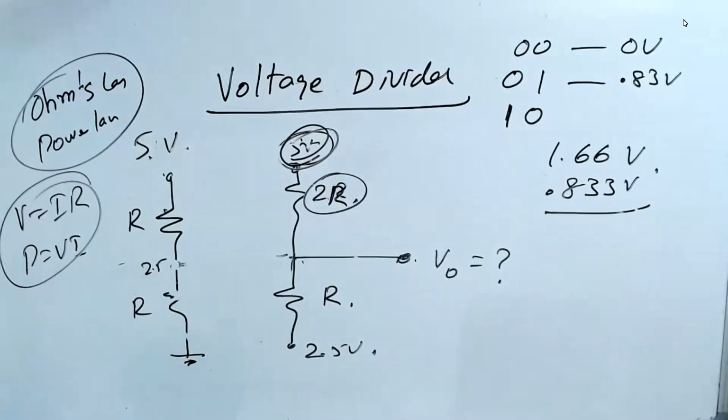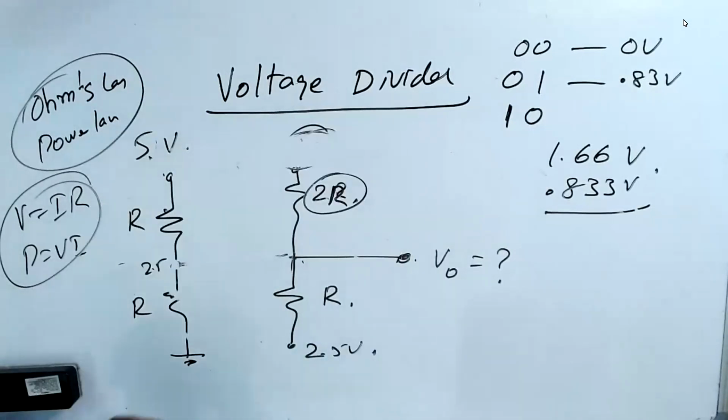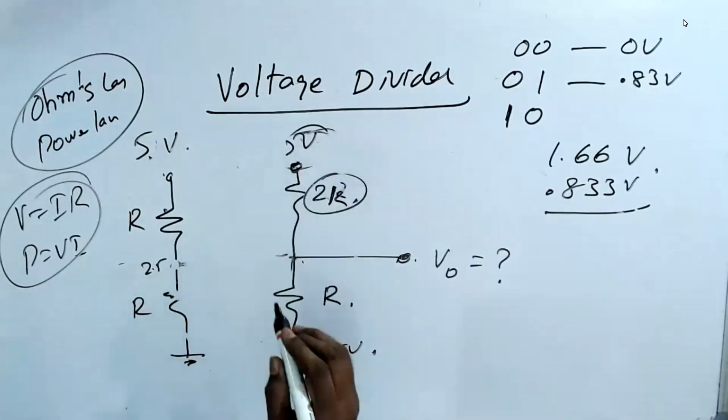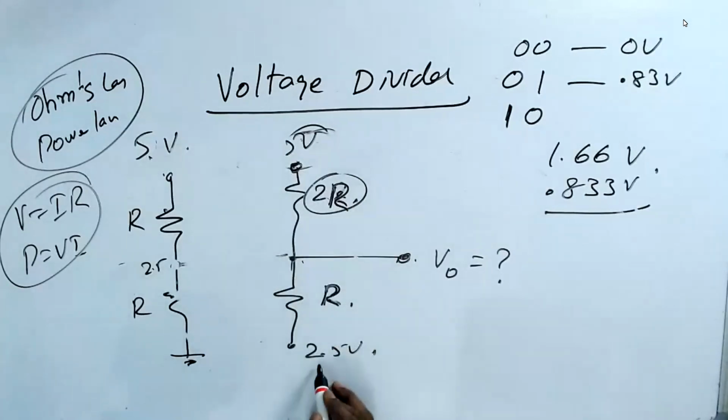Let me wait. Let us see who is giving the right answers. This one is 5 volt. This one is 5 volt, and this one is 2R. This is R, and this is 2.5 volt. What is V naught? Anybody? I want an answer from you.